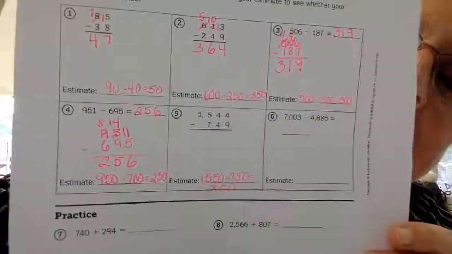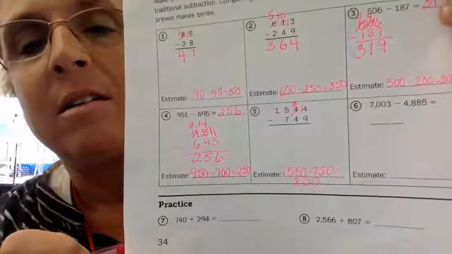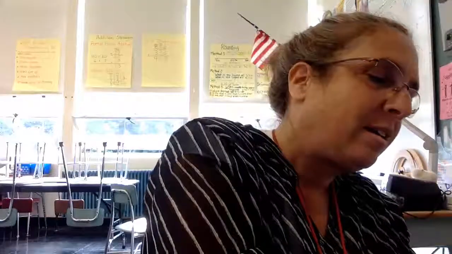So I can't take 9 ones away from 4 ones, so I have to borrow from the 4. And that leaves me with 3 tens and 14 ones. 14 minus 9 is 5. And then I can't take 4 tens from 3 tens. I have to borrow from the hundreds place.